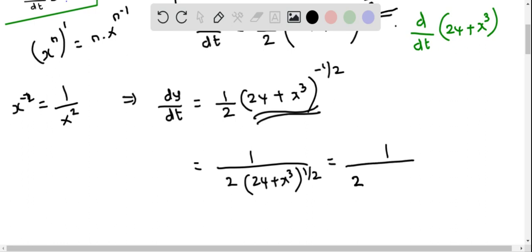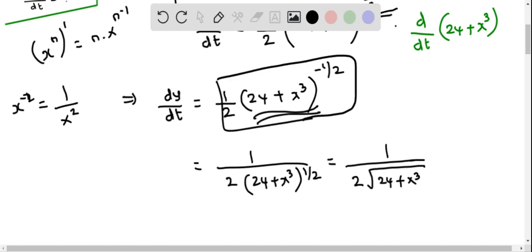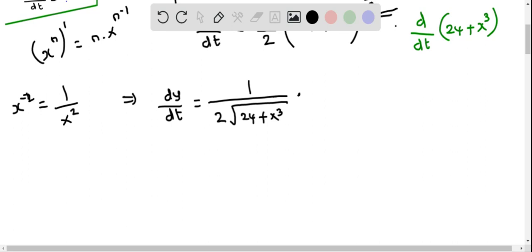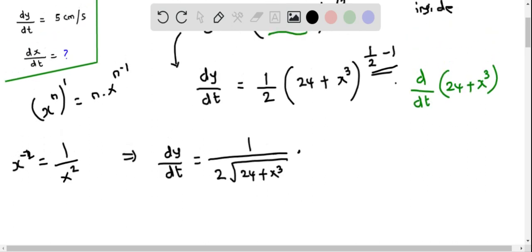So this becomes 1/2 times the square root of 24 plus x cubed. So basically we have converted this expression like this. Let me put it over there. Now I have put that expression over there, and then we have to multiply with the derivative of 24 plus x cubed. Let's see this. We have to apply the chain rule over here.